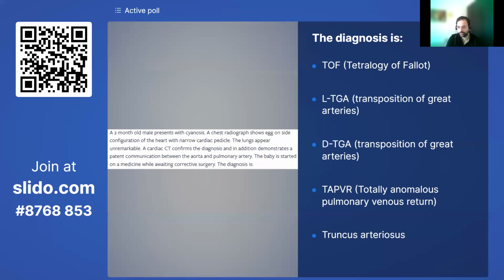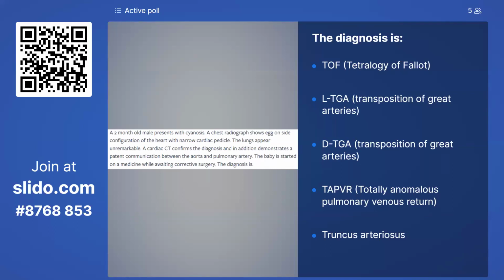Yeah, go ahead. You want to give me the answer and then discuss it a bit, whatever you know about this. Okay. So I think it is DTGA, transposition of the great vessels, as the virus presents earlier. Reasons for this: first of all, we've got a 2-month-old with cyanosis, so it's an early presentation of whatever the condition is.